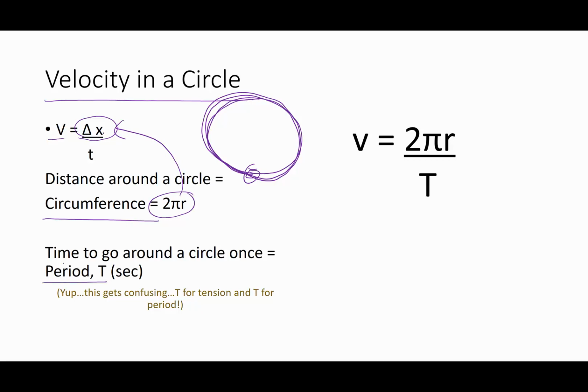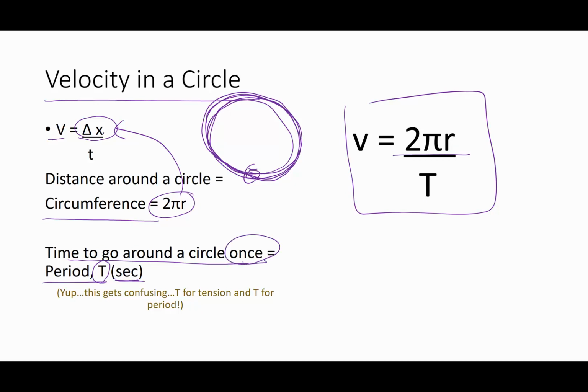Period is the time it takes an object to go around an orbit or rotation once. And it is usually abbreviated with a capital T, and it's measured in seconds. So a simple velocity in a circle equation is 2 pi r, 2 times pi times the radius of my circle, divided by T, the time to go around once. And I acknowledge and I apologize for the entire universe. This gets confusing because period is a capital T and tension is a capital T. Yeah, sorry.